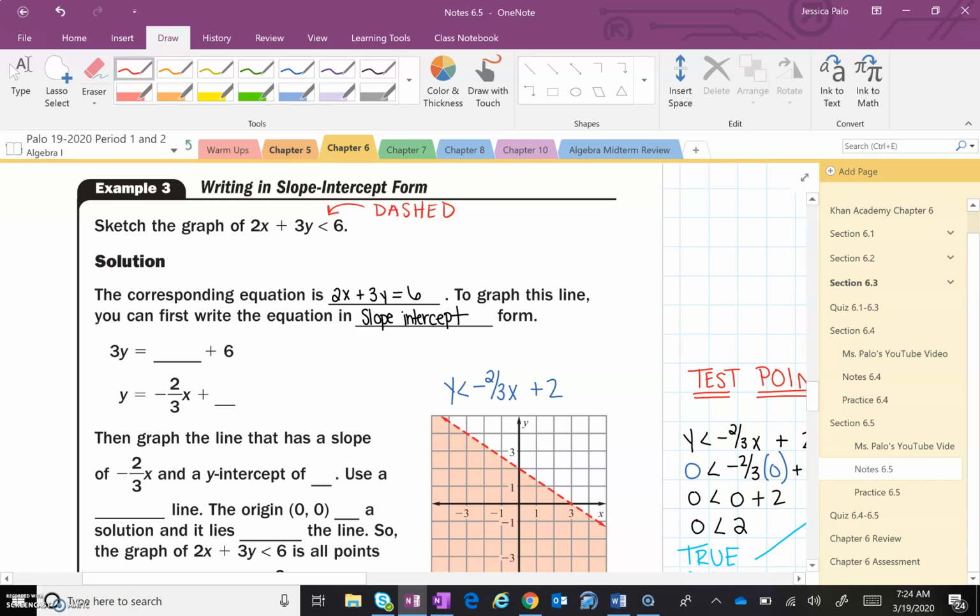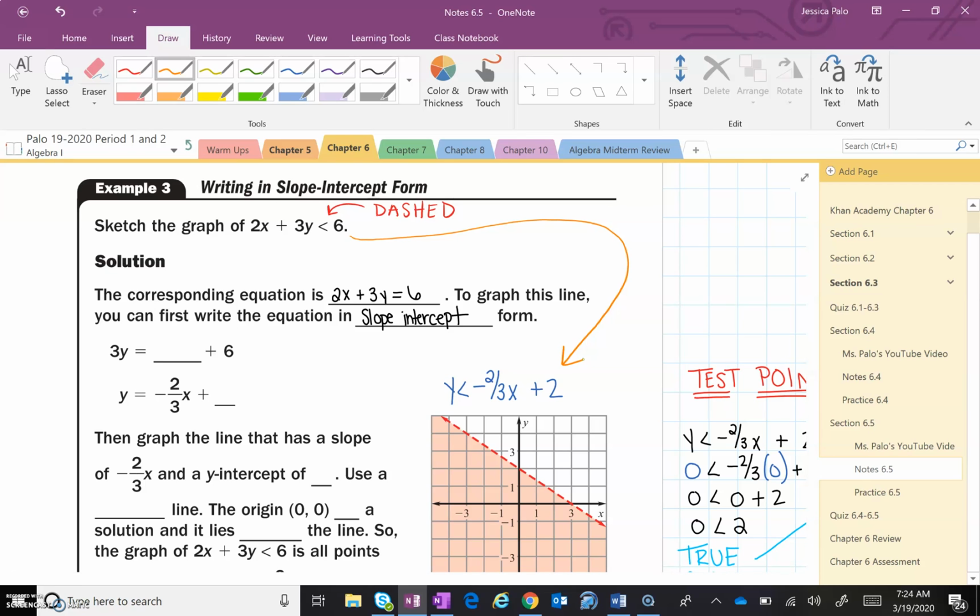We also know right off the bat that this is not in slope-intercept form, and I can't graph this. So in order to graph it, we need to turn it into slope-intercept form. And with the magic of technology, here you go. It is already in slope-intercept form.